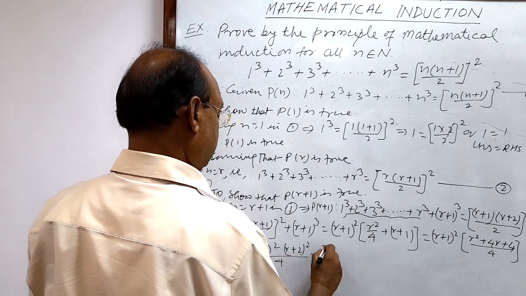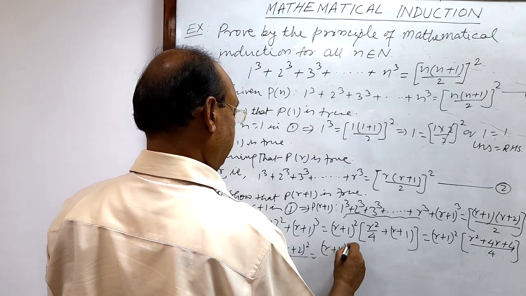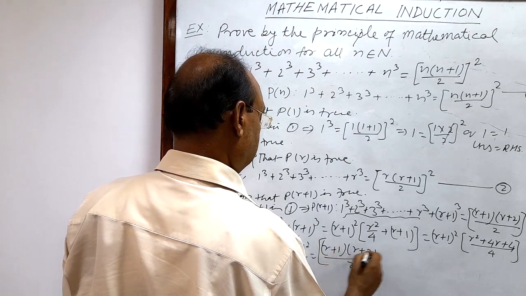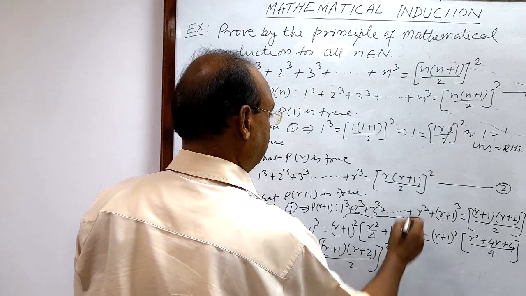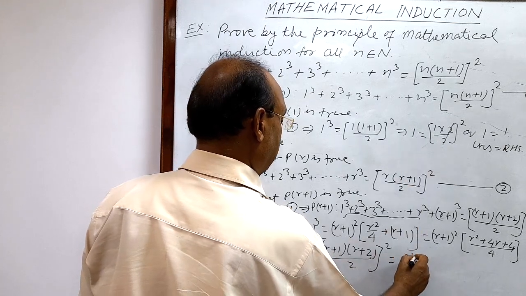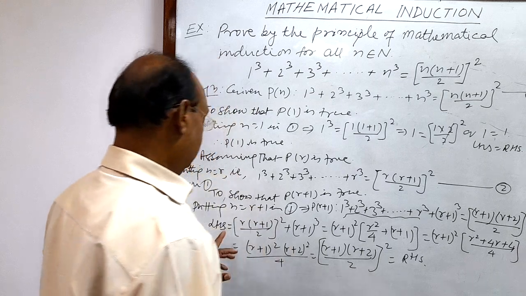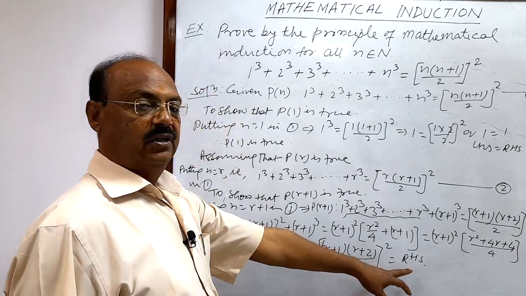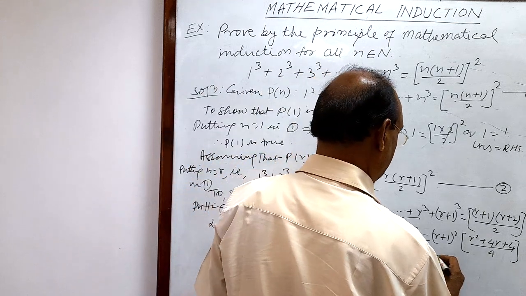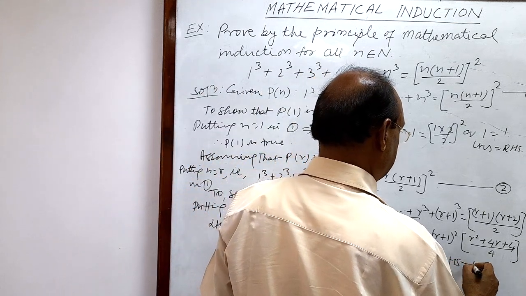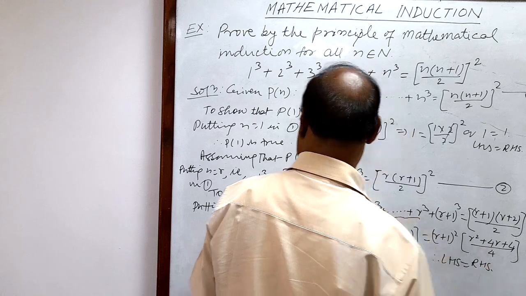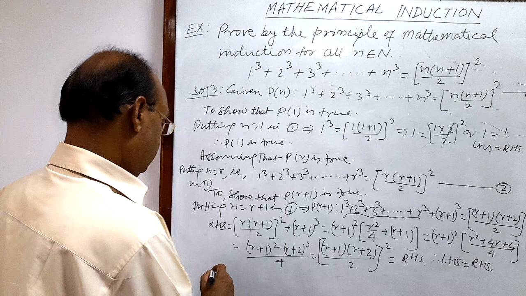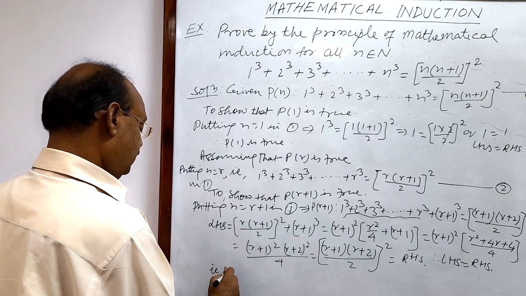So this can be written as r plus 1 into r plus 2 divided by 2 whole square, and you see this is the right hand side. So we have started with the left hand side, we are coming to the right hand side. So therefore here we are getting LHS is equal to RHS. So Pr plus 1 is true.